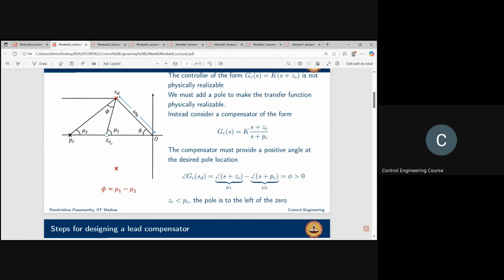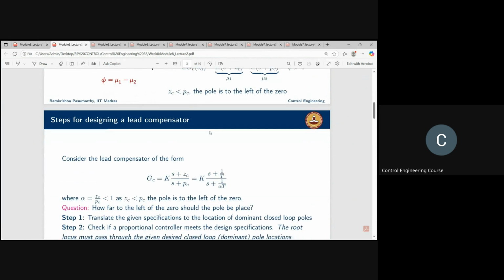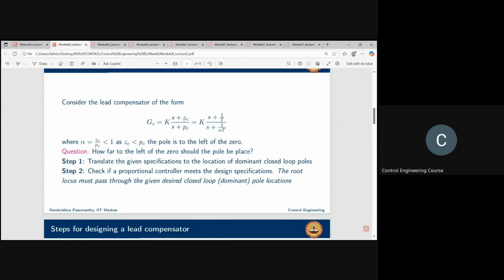If it is closer to ZC, then you are missing the point. So you assume ZC is 1 by T and PC is 1 by alpha T. You have to ensure that alpha is much, much less than 1. Got it?